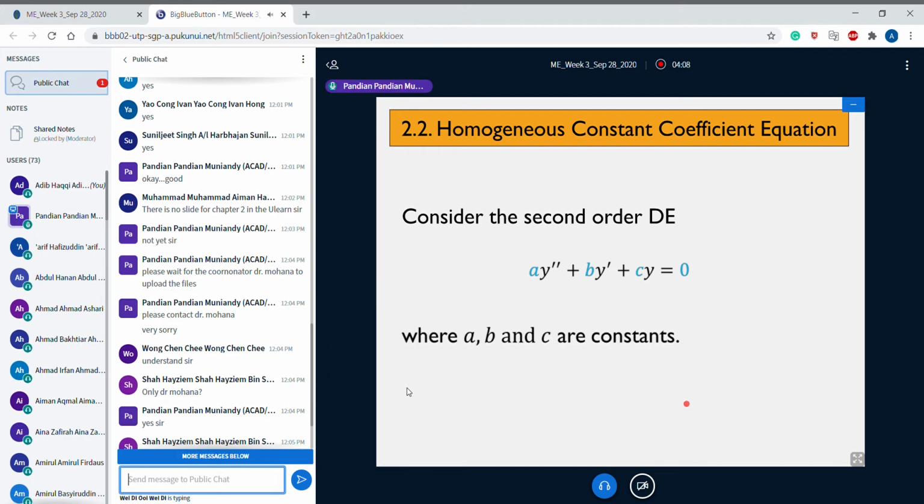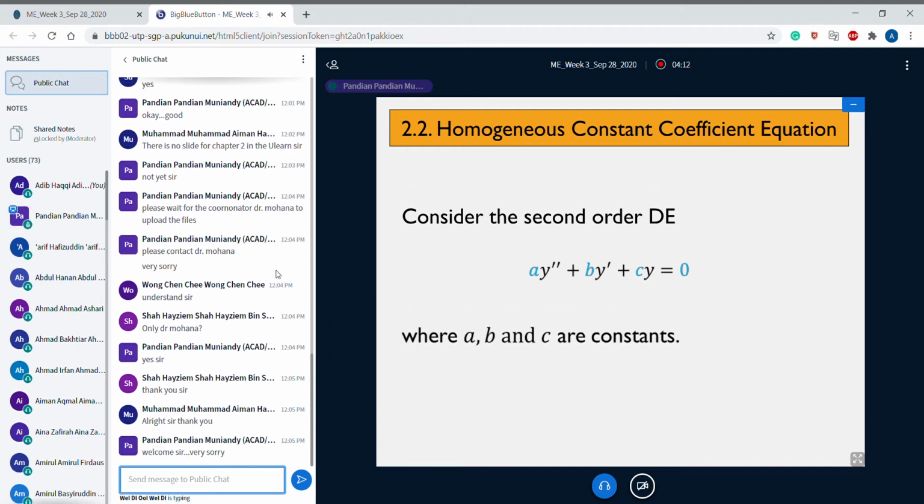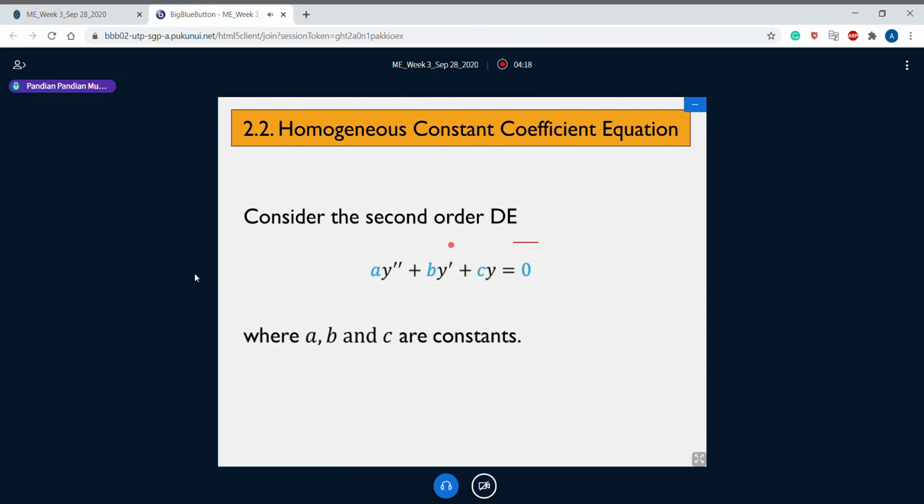So the second order differential equation, you see the pattern of the equation: a y double dash plus b y dash plus c y equals 0. So the right hand side is 0. That means this is a homogeneous differential equation.